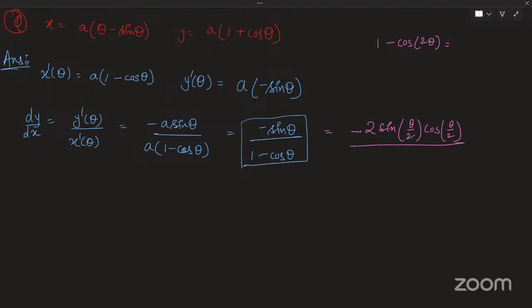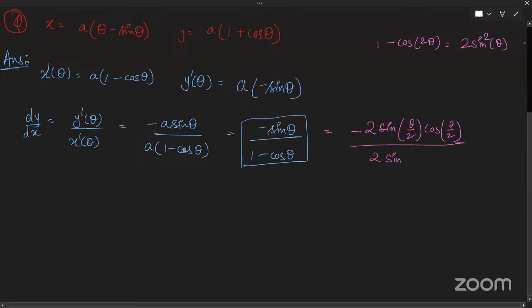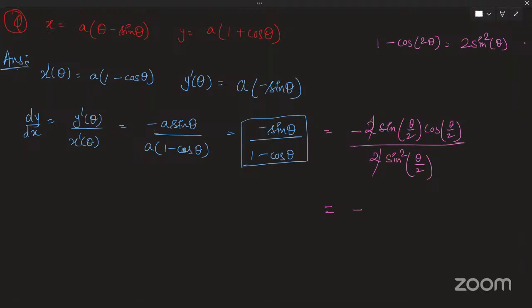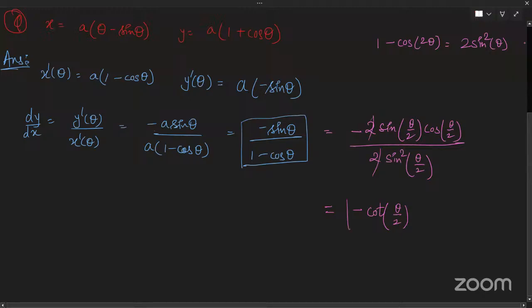If in place of theta I replace theta by 2, it will be 2 sine square theta by 2. So 2 and 2 will get cancelled, and sine of theta by 2 and sine of theta by 2 will get cancelled. The final answer you'll get is minus cot of theta by 2. Fine. Is this correct? Yes, sir.